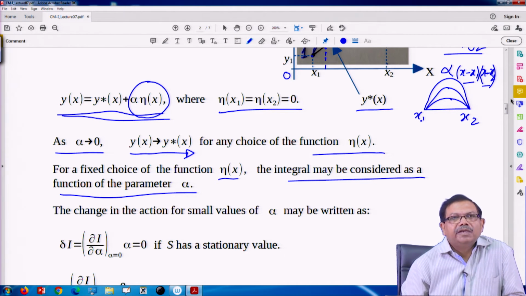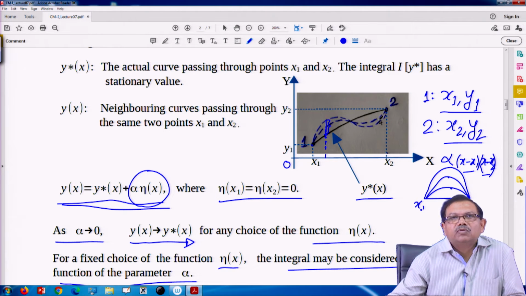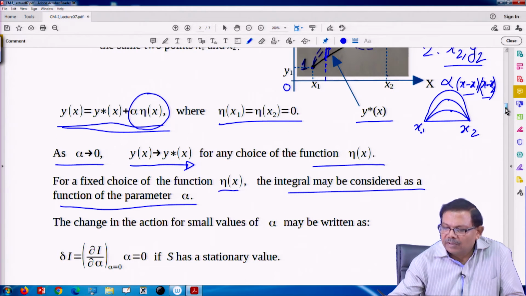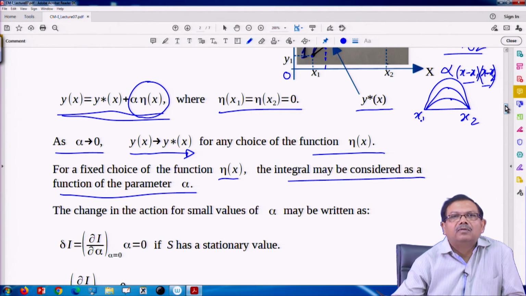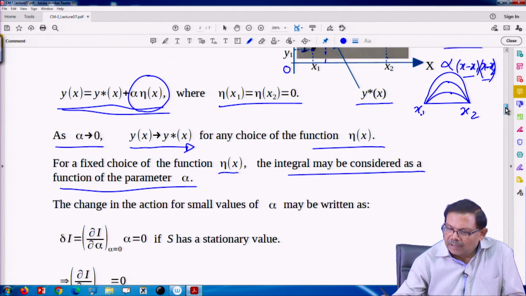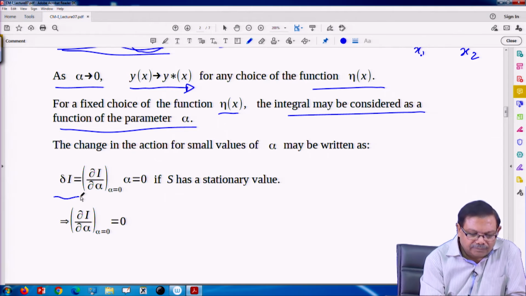So, as I go from the actual path, the black one here, to any of these dotted lines, the curves shown by broken lines, there would be some change in the integral, because the integral depends on the form of y of x. Okay. So, I can find out a change in the integral.